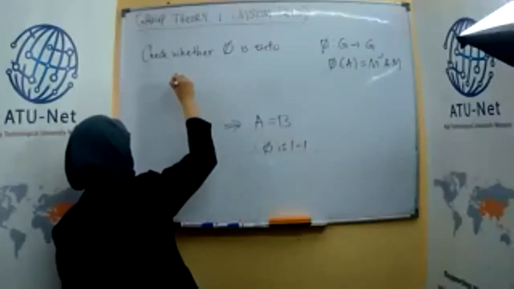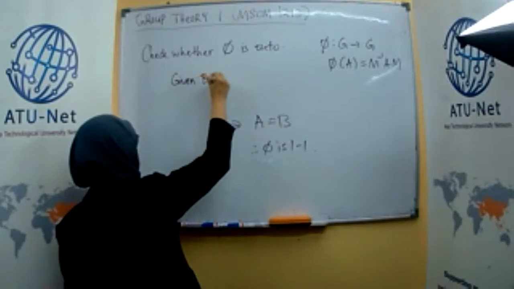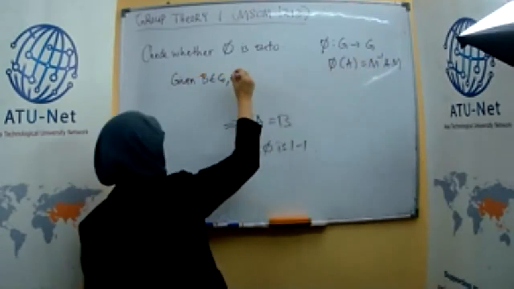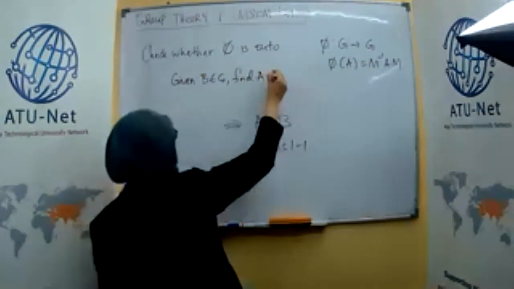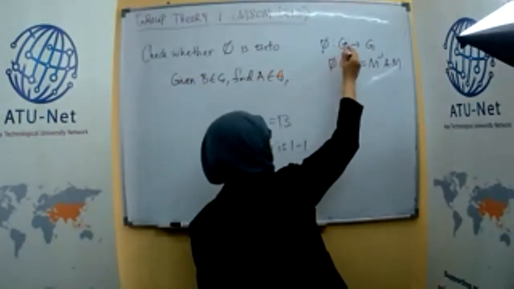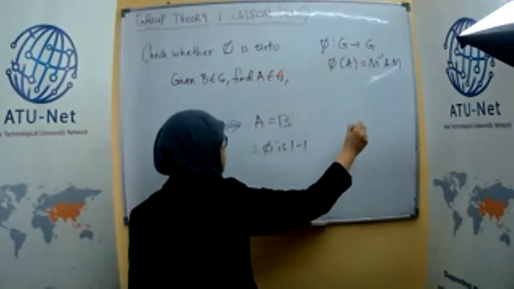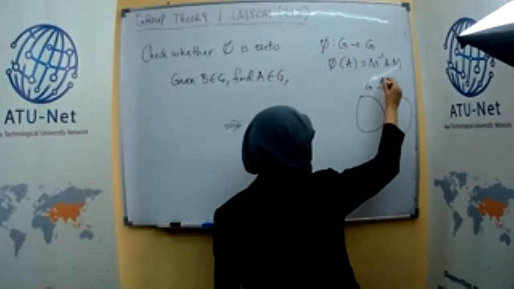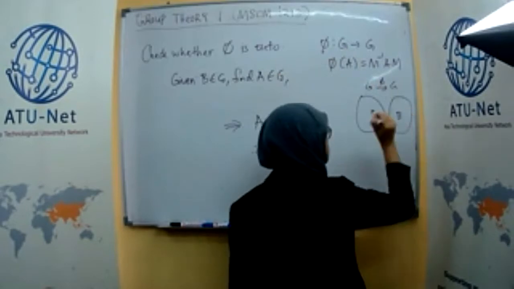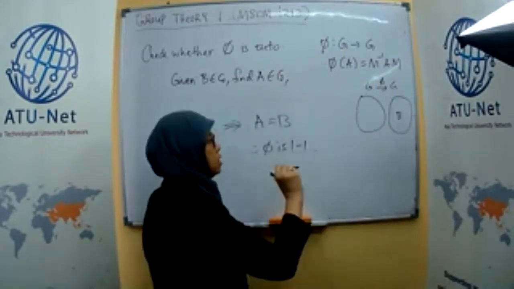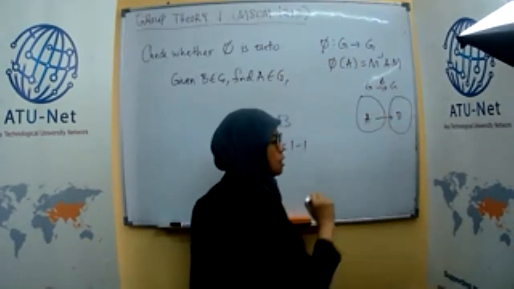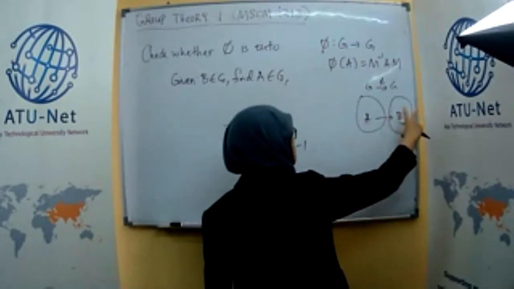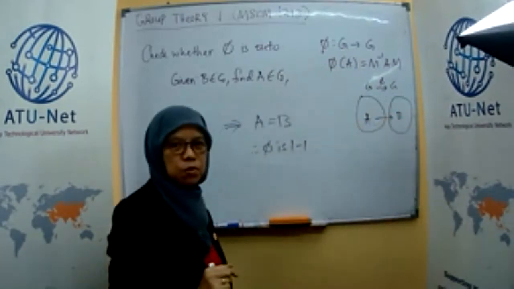Given B in G, given B in here, find A in G, find A in here, that is mapped to it. Onto means, given anything in here, find A that is mapped to that.